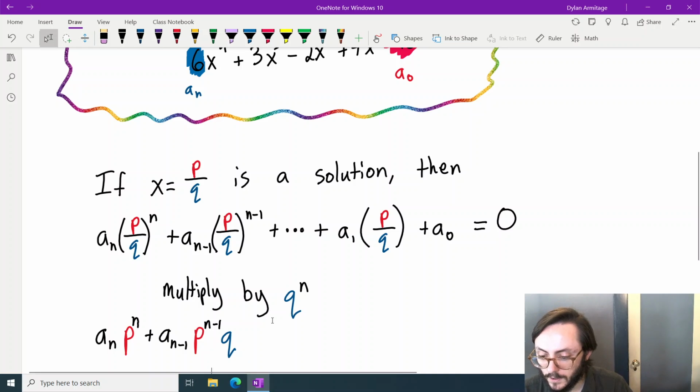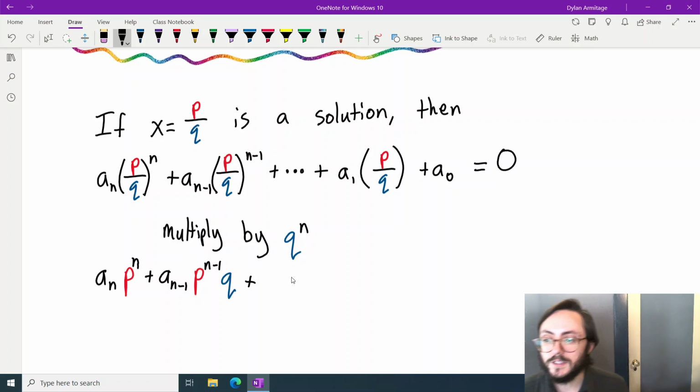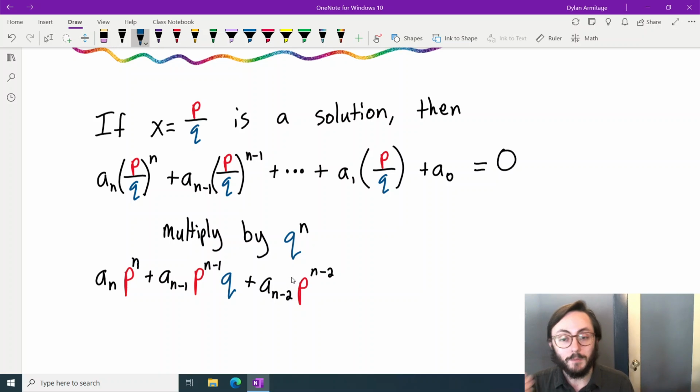Plus, we can do one more term just to see what it looks like. So a sub n minus 2 times p to the power of n minus 2. Now, n minus 2 is 2 less than n, so this would be q to the power of 2.